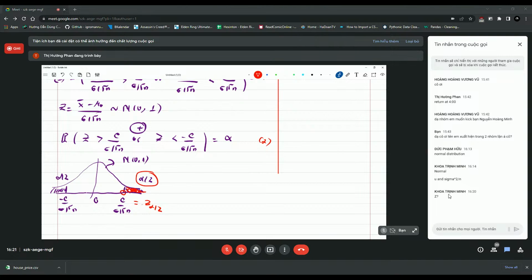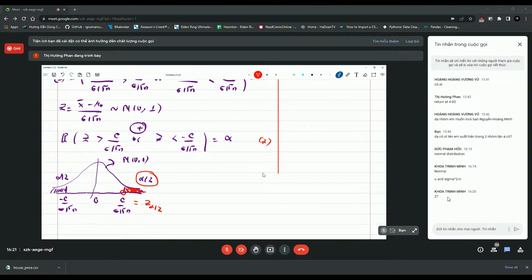Hence, it corresponds to the position z alpha over 2. And z alpha over 2 is just the constant you are able to look up from the table of the standard normal distribution, right? Given alpha, you look up z alpha over 2 based on the table.